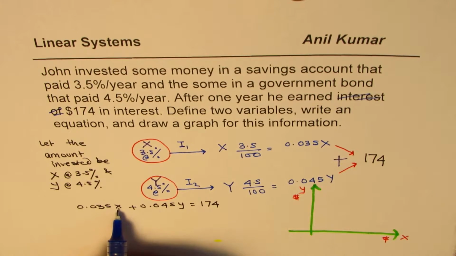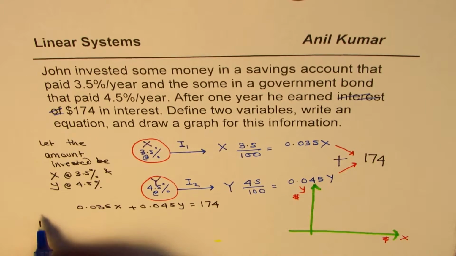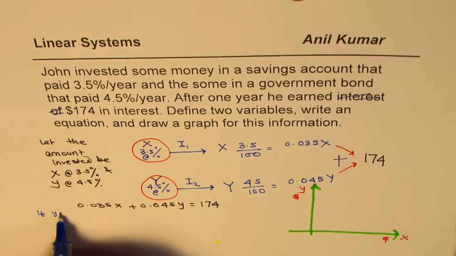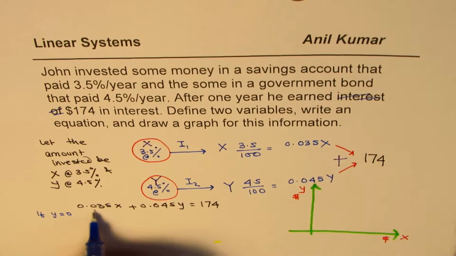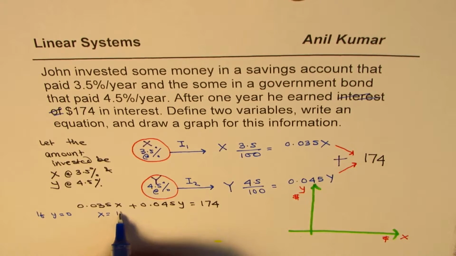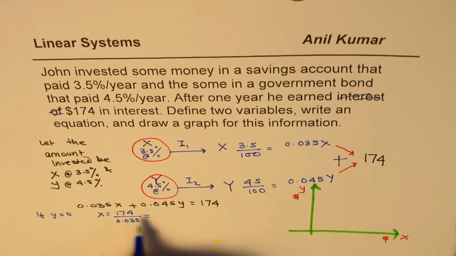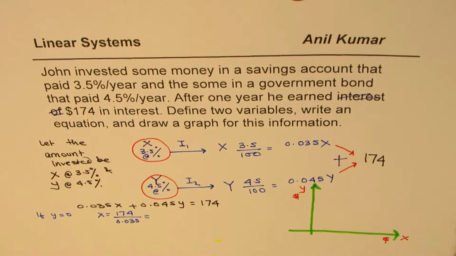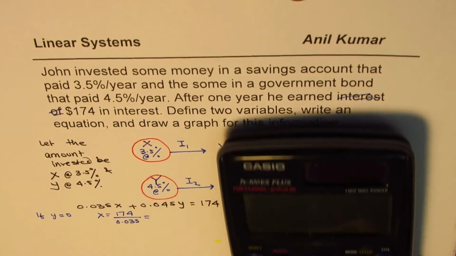So to find the x intercept, we'll put y equals 0, right? So if y equals 0, in that case, what do we have? We have x equals 174 divided by 0.035. So we get the amount x as an x-intercept.